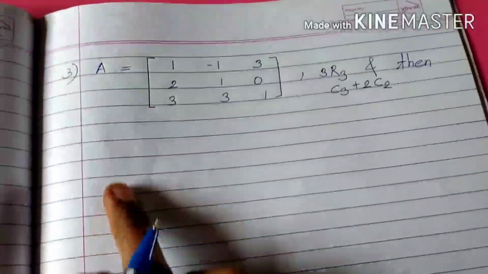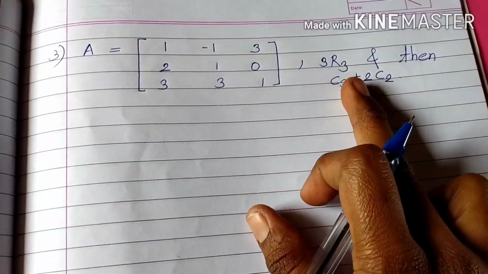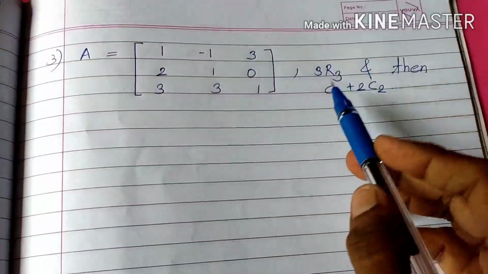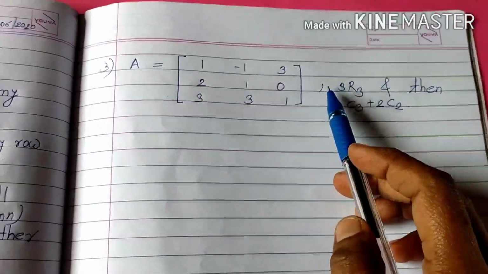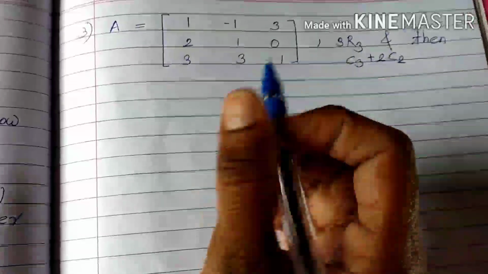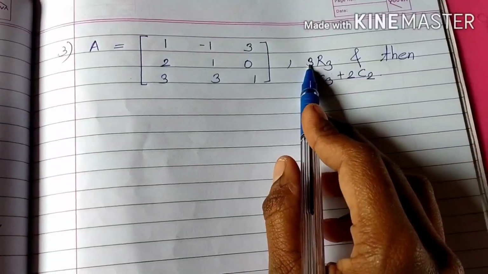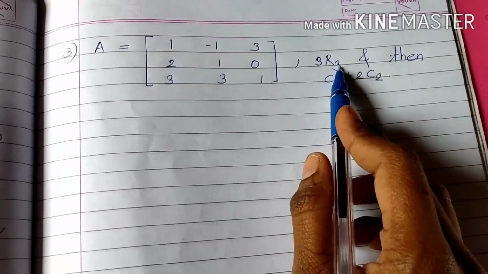Now the next example is A is equal to this, and you have to do the operations 3R3 and then C3 plus 2C2. So first 3R3 means 3 is a scalar and you have to multiply row third.